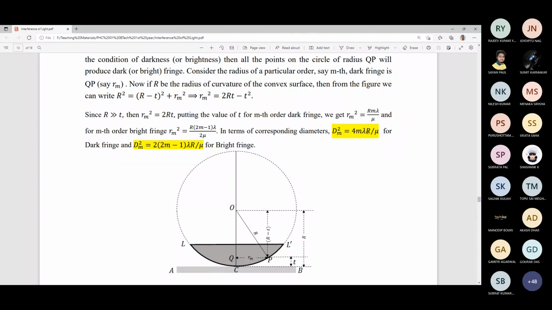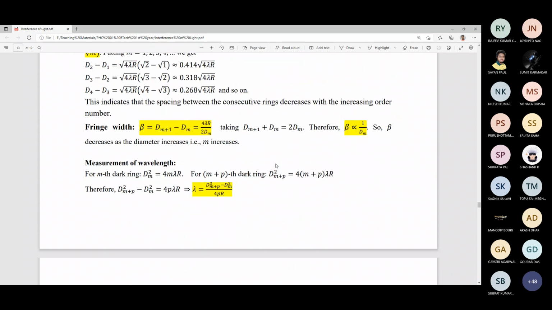And this quantity, 4 lambda R, is constant, that is m plus 1 minus m. So this is 4 lambda R, and this dm plus 1 plus dm we can consider equal to twice dm. So we have written here 4 lambda R divided by twice dm.